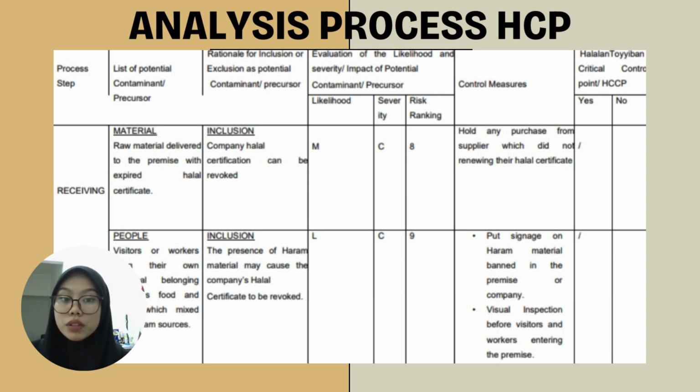The control measures to prevent this from happening are that we put up signage banning haram material in the premise or company, and secondly, we do a visual inspection before visitors and workers enter the premise. So the halal toyyiban critical control point is yes because it is at level 9.